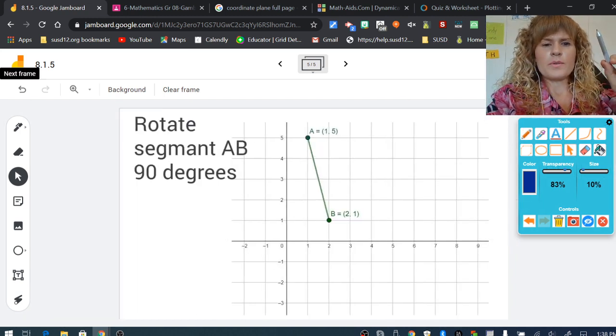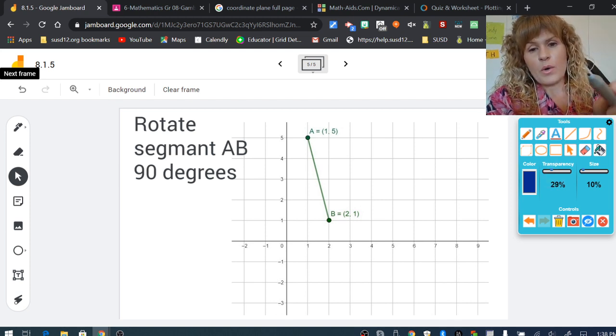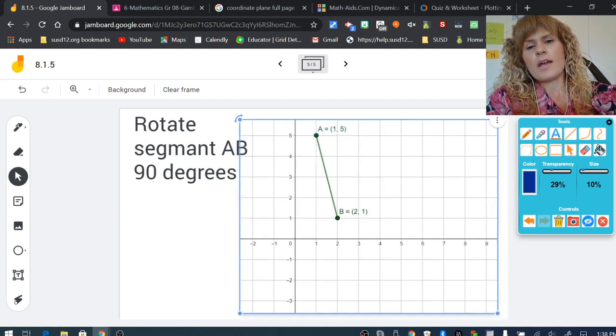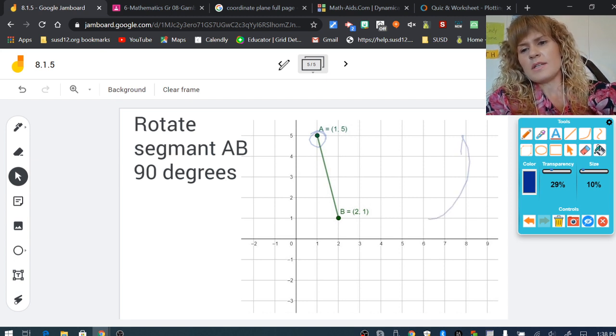Now, let's try rotating a line segment 90 degrees. Where is your center of rotation going to be? Let's try a center of rotation on point A. And let's rotate 90 degrees counterclockwise.